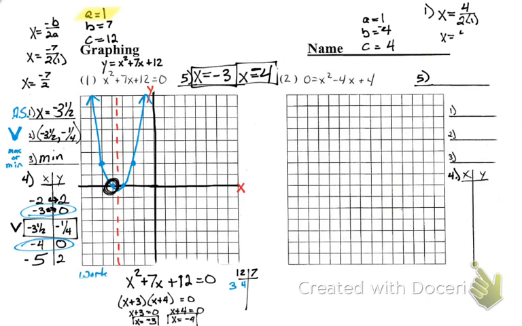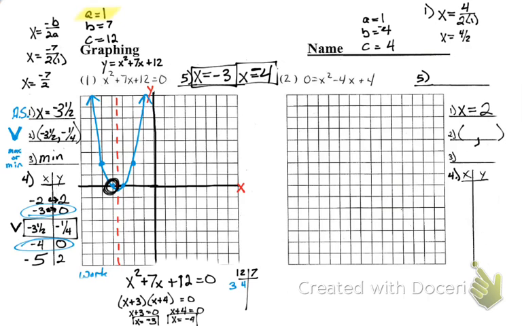So x equals 4/2, or x equals 2 for my axis of symmetry. I'm going to go ahead and hold off on the graph in case I need to move it so I have a better idea of where this is going to be. And really all I have to do is hold off one more step. I'm going to hold off until I get my vertex, which my vertex is going to go right here.